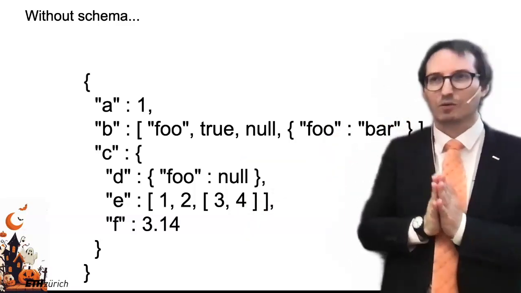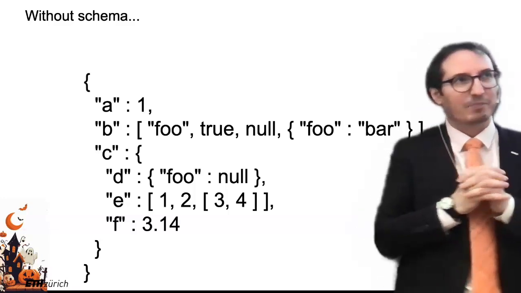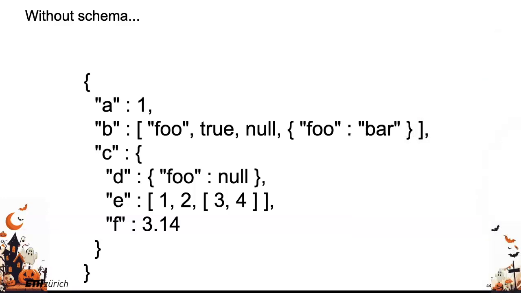The second reason why you can do it is that many schema technologies also allow you to write code describing the constraints. It means that you could say not only B is an array of whatever, but you could write actual code that says the first one is a string, the second one is a Boolean, the third one is a null, the fourth one is an object with foo associated with a string and nothing else. The thing is, you would have to write it yourself.